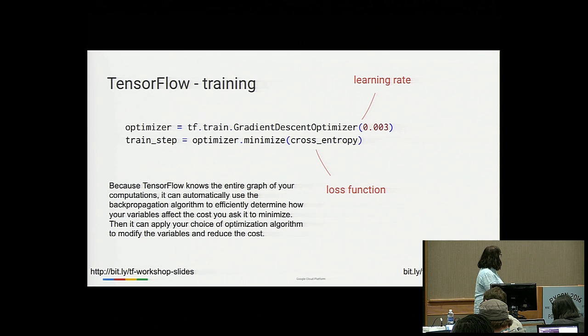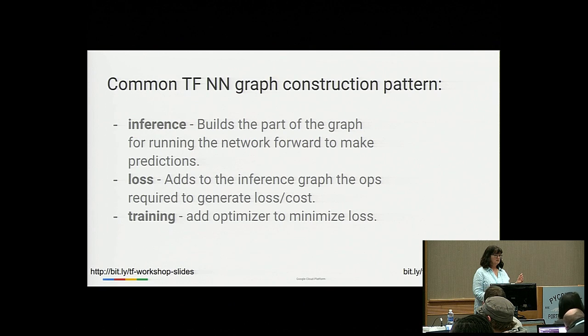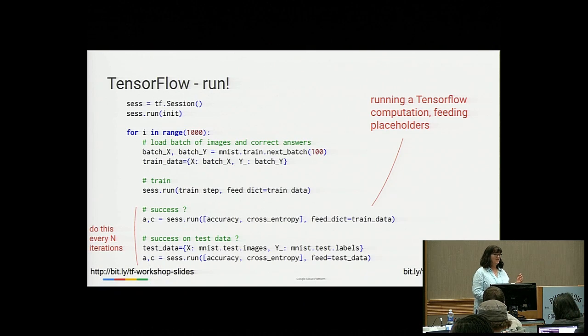The train step is running the optimizer minimize op. So by telling TensorFlow to do session run on that train step, it's doing an iteration of training with the little batch of data that you've passed it. And then the stuff below is just saying, well, how did we do?